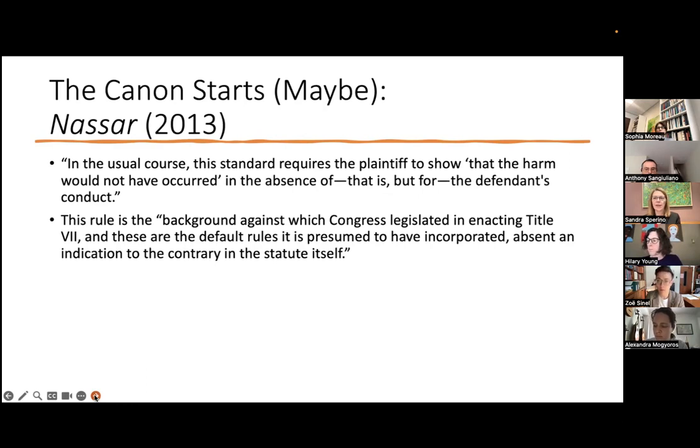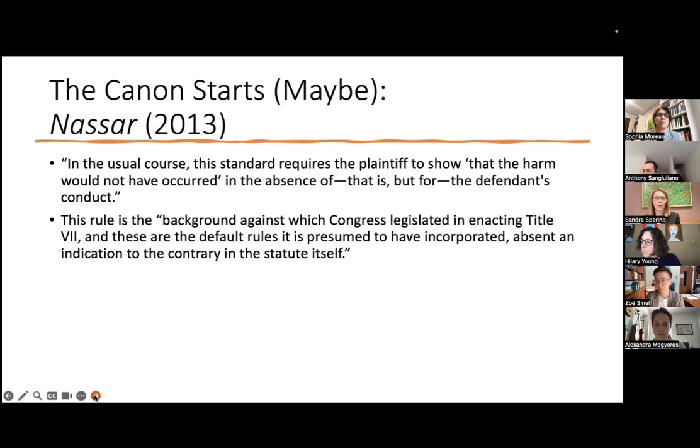He claimed that he was being discriminated against and retaliated against based on his race and his national origin. Causation, at least for the retaliation provision, was the issue that wound its way up to the Supreme Court. And the ultimate ruling for Title VII retaliation claims is that the plaintiff has to establish but for cause.